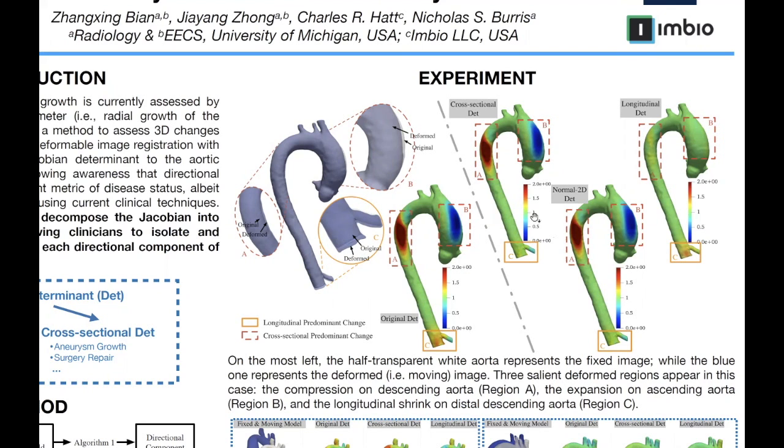In contrast, when we use our method to decompose the Jacobian into, for example, the cross-sectional determinant and the longitudinal determinant, we can see in the cross-sectional graph, the regions A and B have predominantly cross-sectional change. However, in region C, we can see there is little cross-sectional change. However, looking at the longitudinal determinant image, we can visualize the isolated longitudinal deformation in region C that results from elongation.